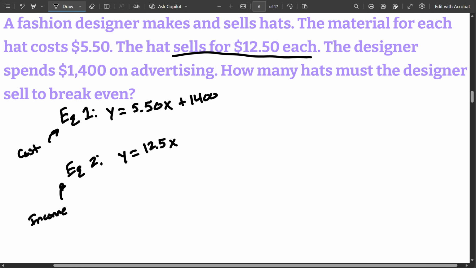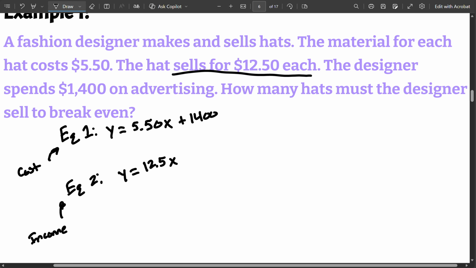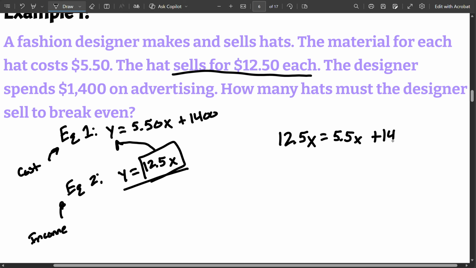All right. And now to solve this system, well, we could do elimination. We could do substitution. We could graph it. But what looks to be the obvious choice is just substitute y equals 12.5x. Substitute 12.5x in for the y up here. So we get 12.5x equals 5.5x plus 1,400.